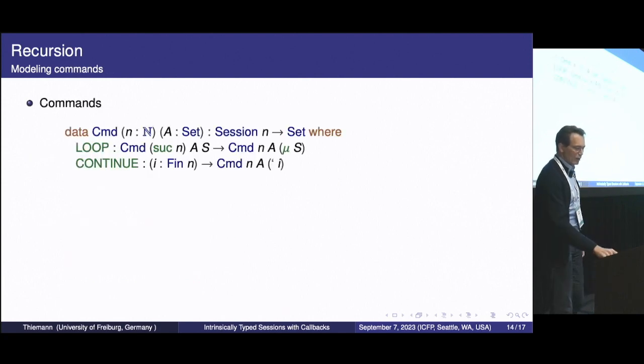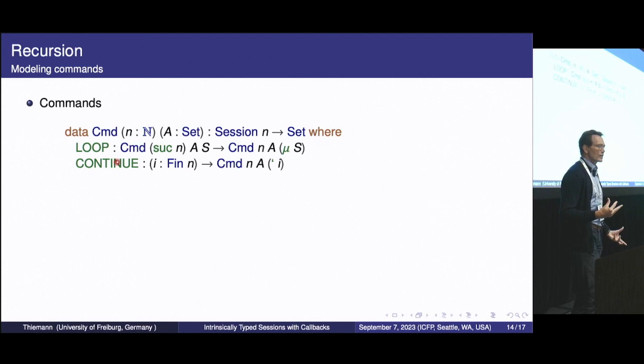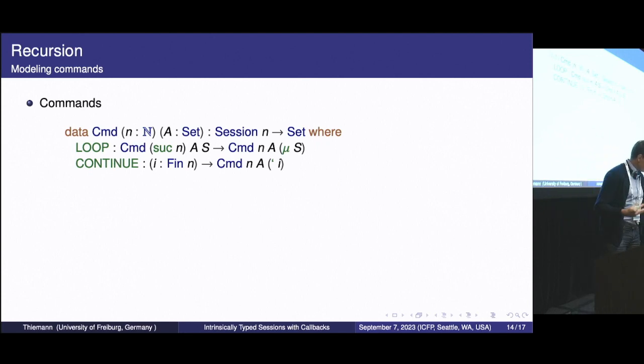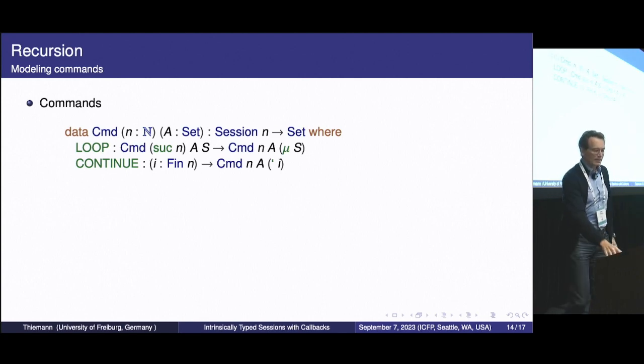So you get commands. You get a looping command that takes the command for the body of the loop, and then the continuation, and you have a continue, and the continue essentially works like the break statement that you may know from Java. In Java, you can also break to a particular label, and that allows you to leave an arbitrary nesting of loops. Similarly, that's how this continue works.